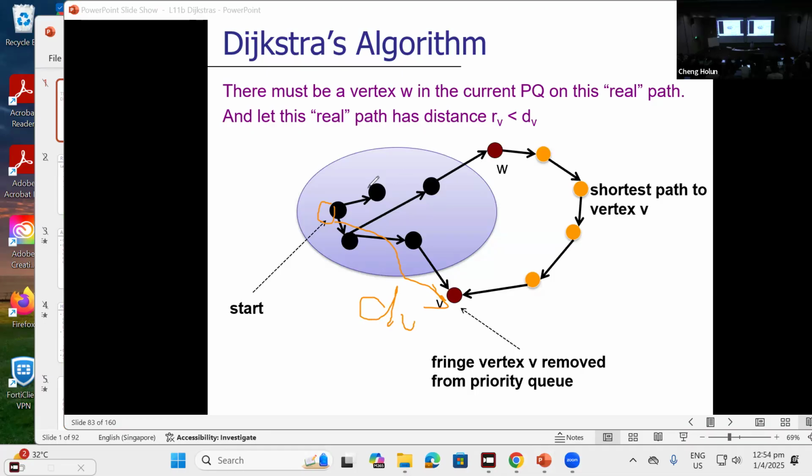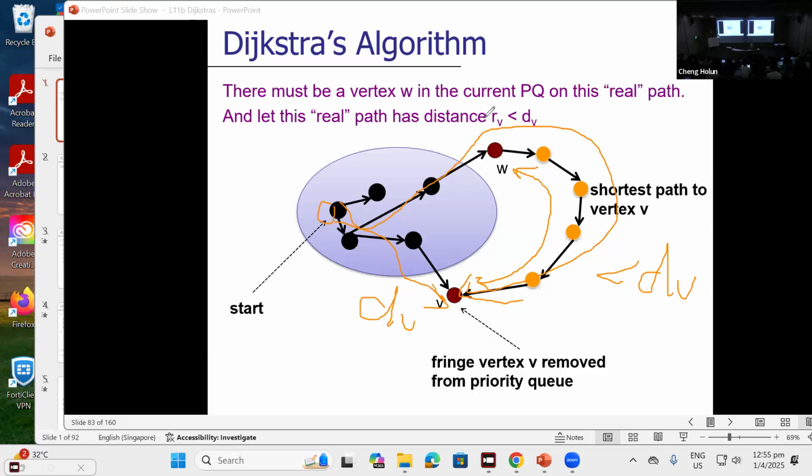And let's try to bluff that this other route has a distance less than dv. But wait a minute, if it's less than dv when we come to here, what is this distance here? From this w to v must be some positive distance, right? Is it okay? Must be some positive distance.